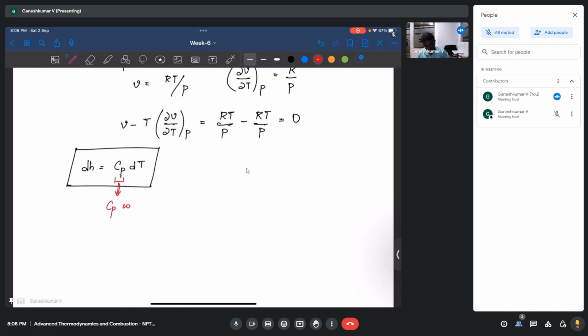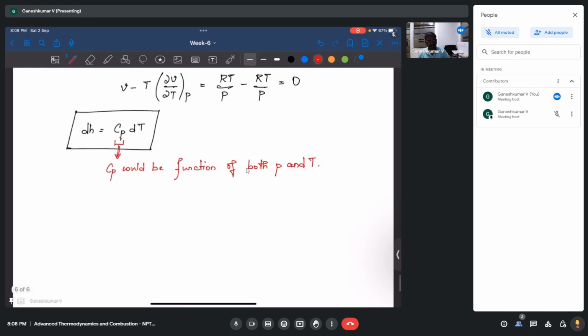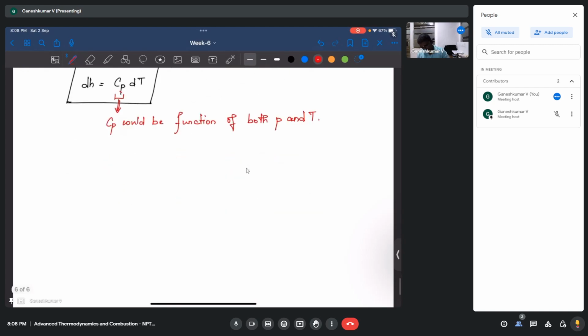Cp could also be a function of pressure and temperature. Now we need to prove that Cp is not a function of pressure, it is just a function of temperature. Let's see.